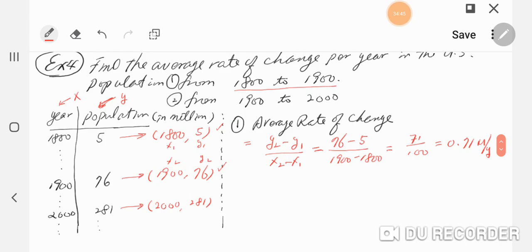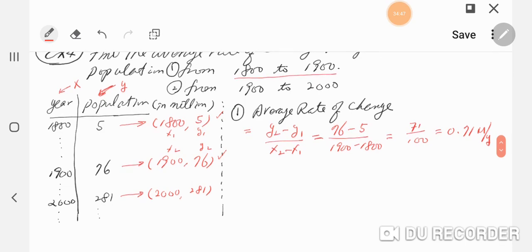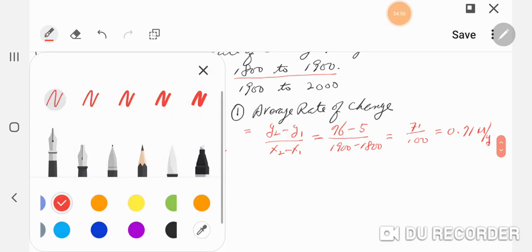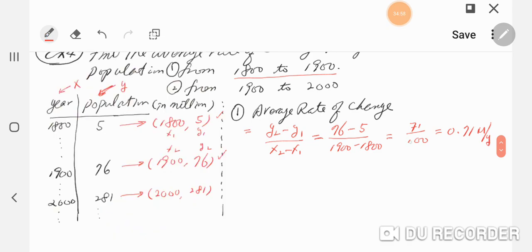So that is the average rate of change. So every year, 0.71 million people increased. Can you see it? So this is equal to 0.71 over 1, the denominator represents the number of years. So over 1 year, every year there is an increase of 0.71 million.